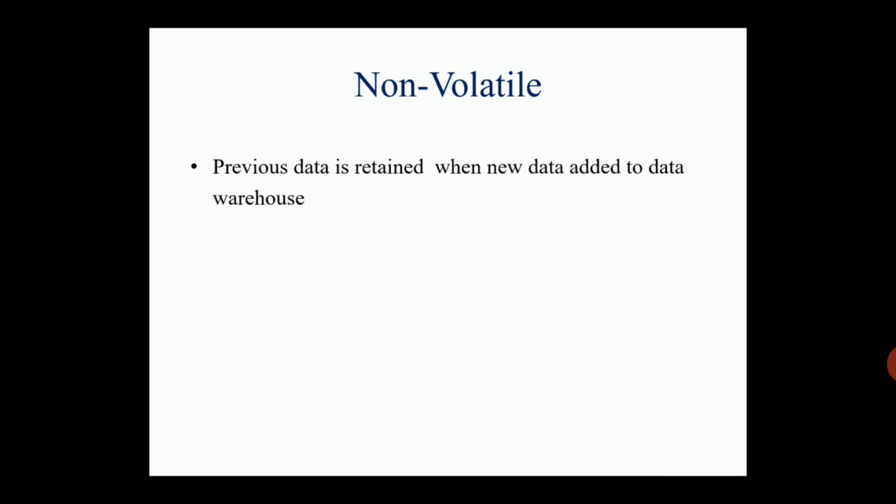That means even if you store new data into the data warehouse, it should not affect the old or previous data. The previous data should not be erased by the new one.